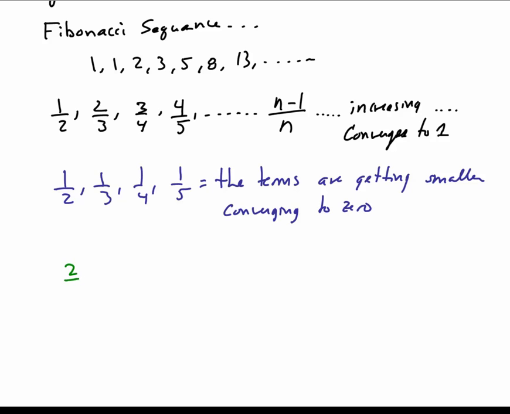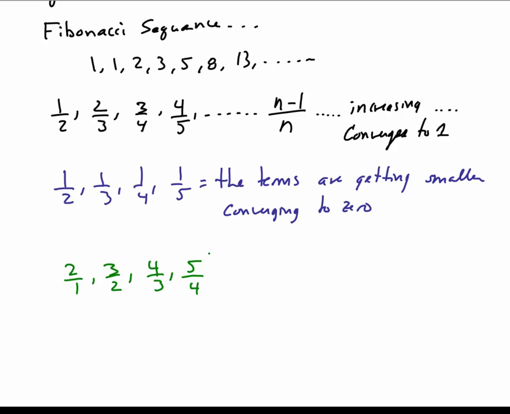Let's look at another one. Let's look at 2 over 1, 3 over 2, 4 over 3. If you notice the pattern, 2, 3, 4, 5 in the numerator, and the denominator 1, 2, 3, 4. We can see that this is getting larger. Actually, they're getting smaller. So this is 2, this is 1.5, 1.3 repeating, this is 1.25.